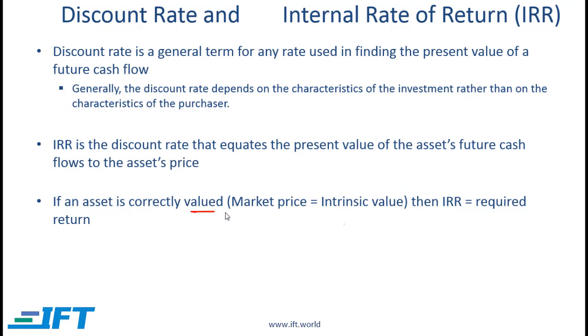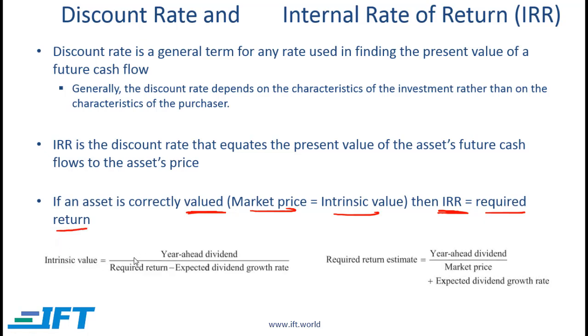If an asset is correctly valued, in other words, the market price is equal to intrinsic value, then the IRR or the return will be equal to the required return. If we use the simple Gordon growth model, then the value of a stock or the intrinsic value is the year ahead dividend divided by R minus G. And I'm sure you remember this. Let's say this is the intrinsic value, which is equal to the price of a stock in an efficient market.